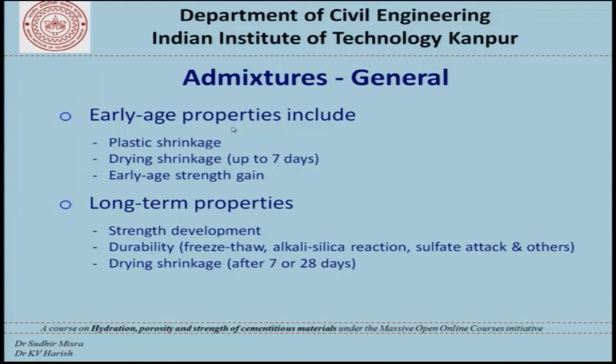Early age properties may include plastic shrinkage, drying shrinkage, and remember, drying shrinkage here refers up to 7 days. Early age strength gain. Long term properties include strength development, durability, and in durability we have freeze thaw durability, alkali silica reaction, sulfate attack and others. And the third one is drying shrinkage, and this is after 7 or 28 days.